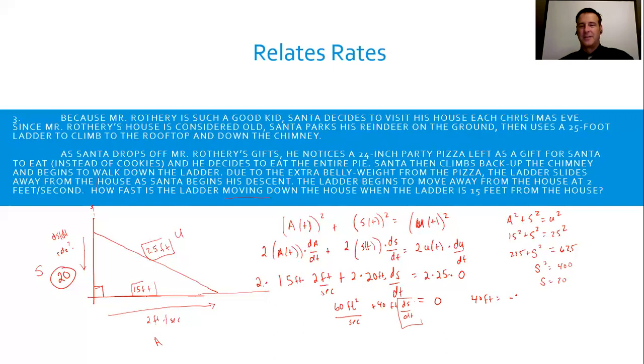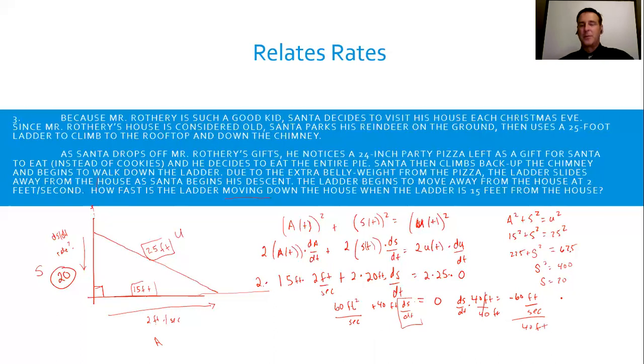And that's negative 60 feet per second. And I forgot this 40 has the ds dt with it, sorry. And then you're gonna divide to get this ds dt by itself, and you're going to divide by 40 feet.